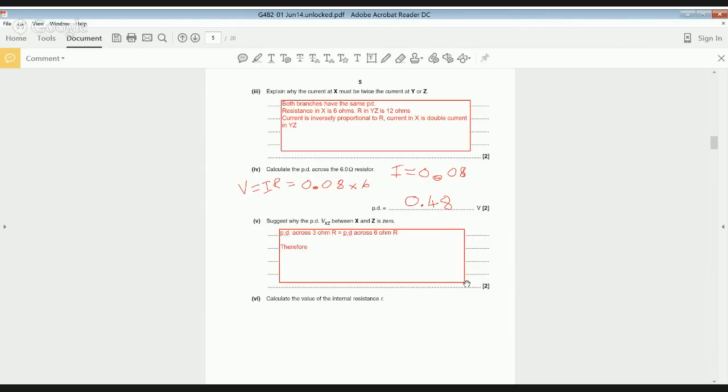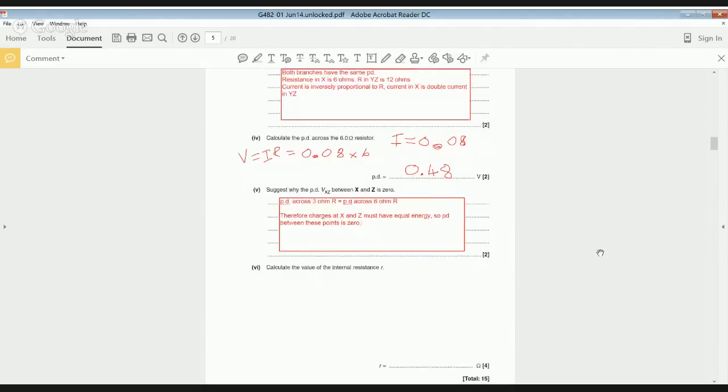Therefore, charges at X and Z must both have equal energy. So the potential difference between these points is 0. Remember what the meaning of potential difference is. It's the difference between the energy of charges at two different points, and at these 2 points they have the same energy, so they have a 0 potential difference.